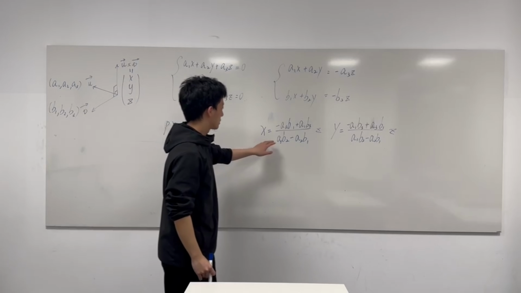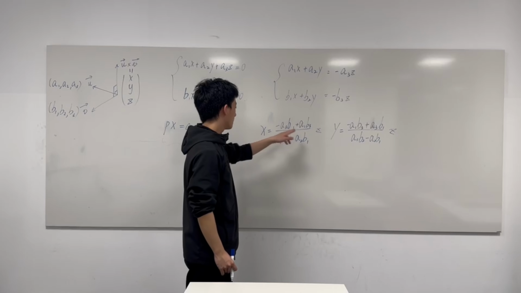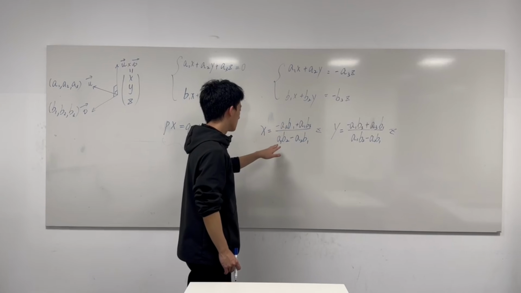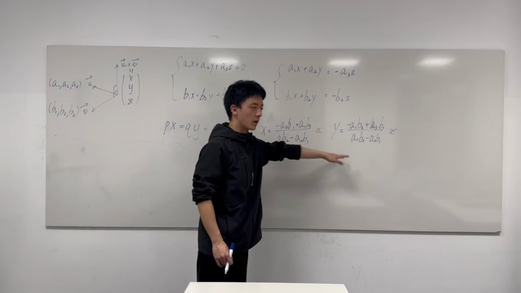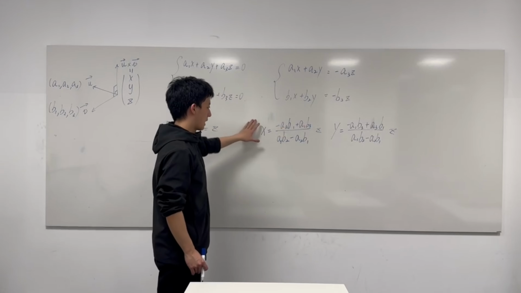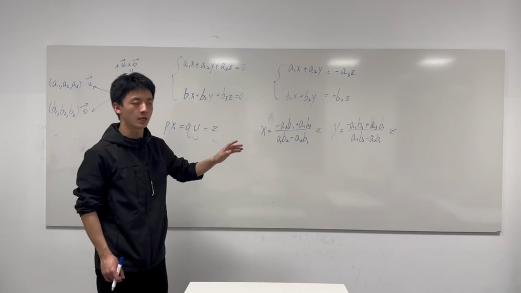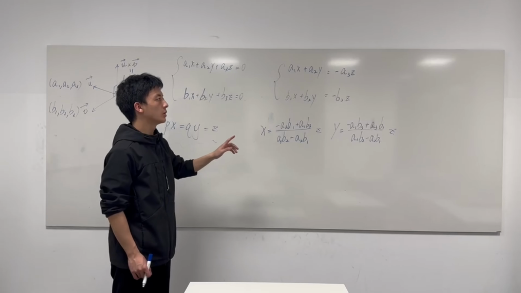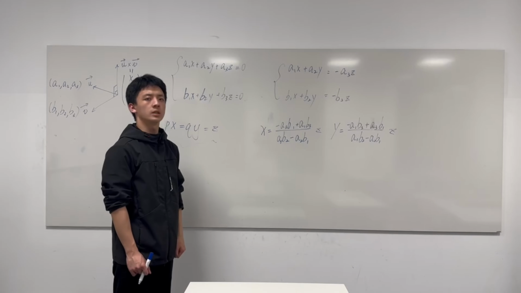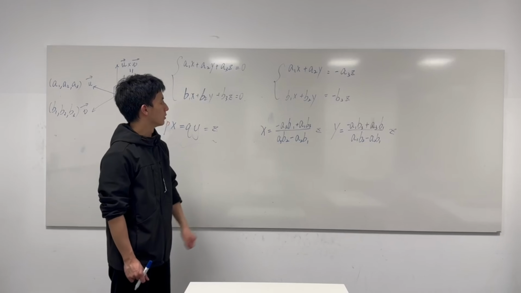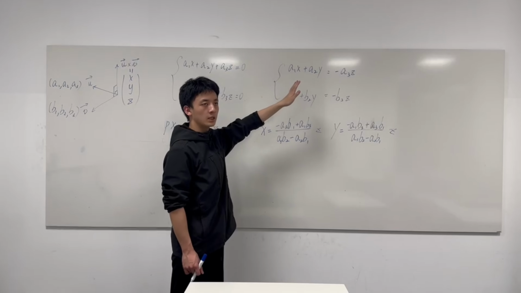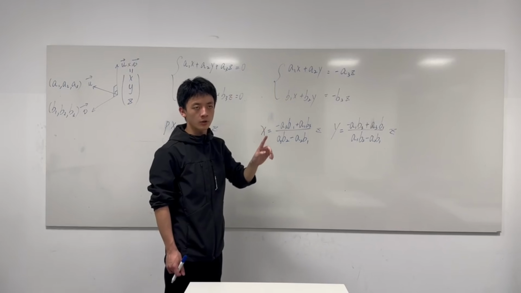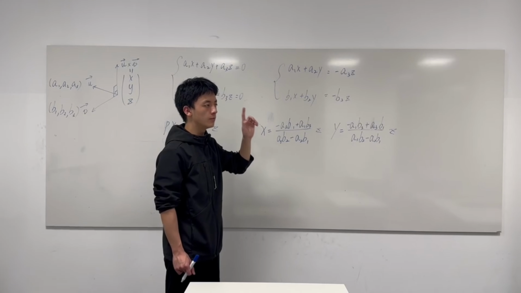So x is equal to a1b3 minus a3b1 over a1b2 minus a2b1 times z. The y is equal to this. The way I solve it is using linear algebra, a system of two equations with two unknowns.